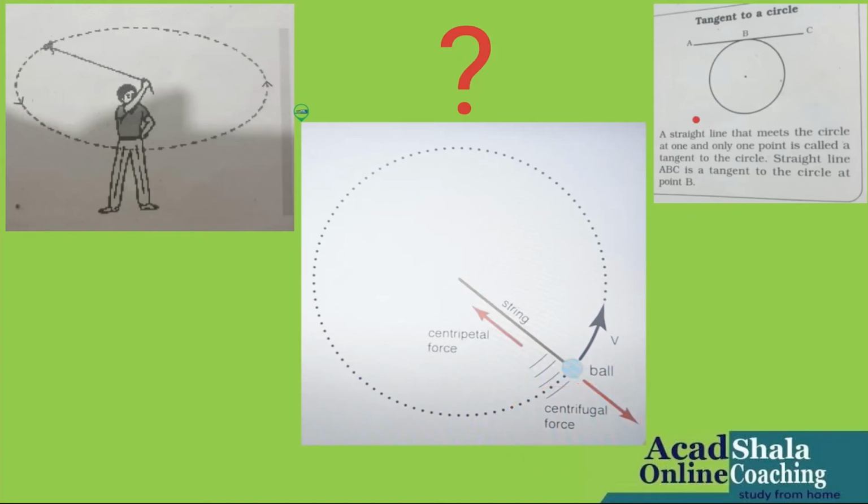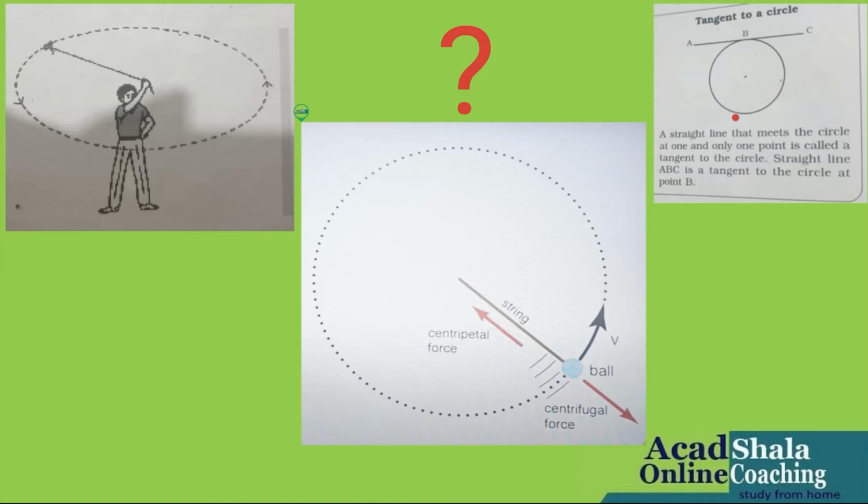And you should also know that the straight line is a tangent to the circle. And this point B is where the boy released, the ball came to point B, made a tangent, and went straight away outside the circle, indicating that centrifugal force is now applied over there. And that is why it went straight away.